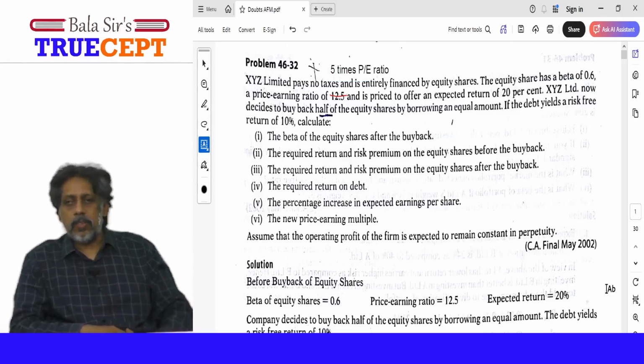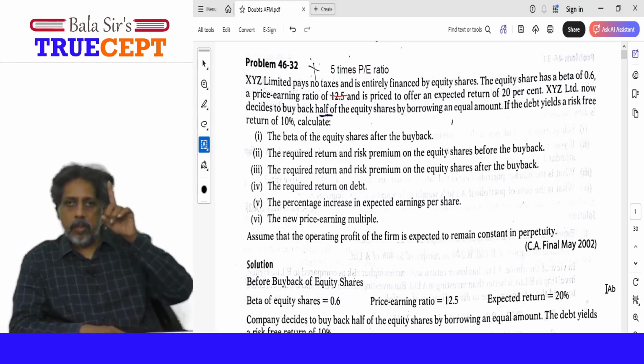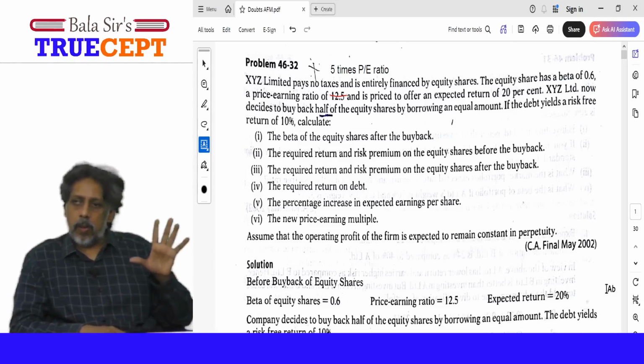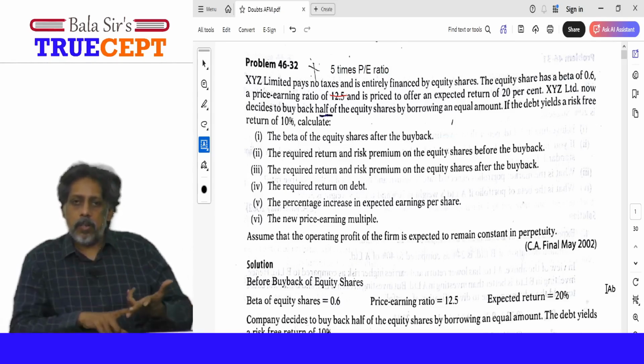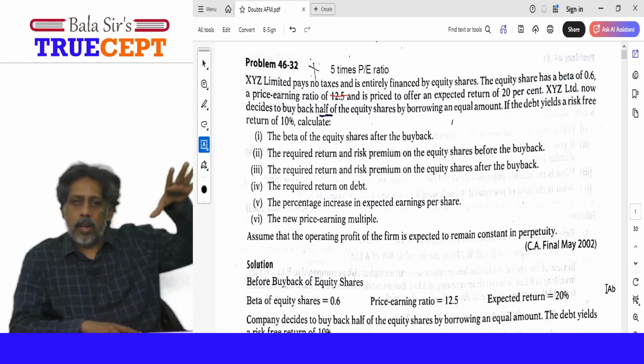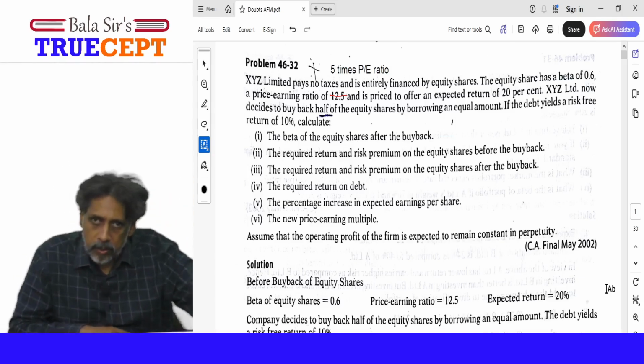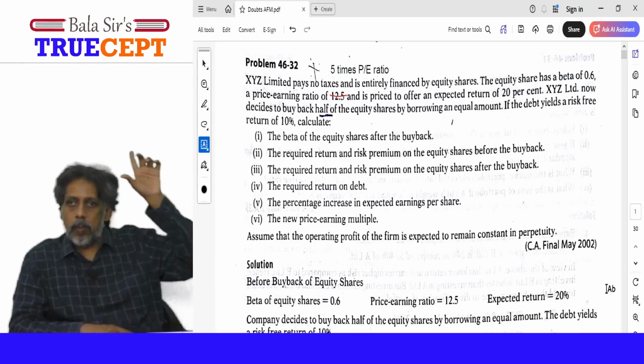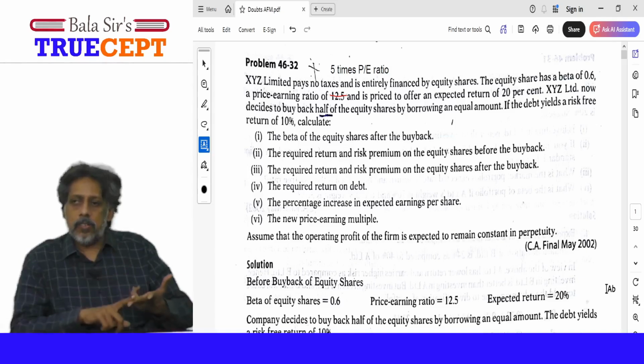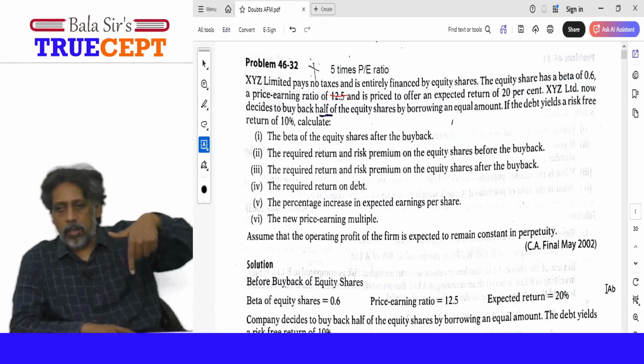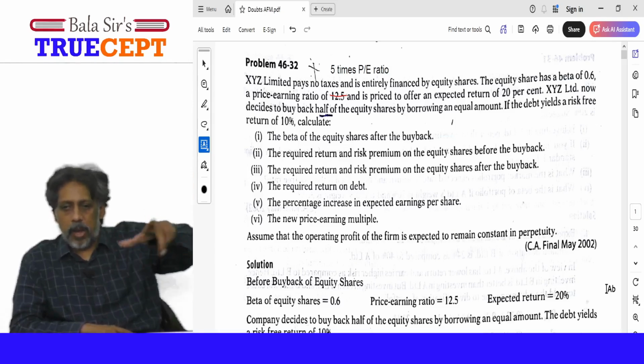That means, suppose the market price is 1 rupee. What is 20% on rupee 1? It is 0.2, 20 paise, your earnings per share. Now, you know that earnings per share 0.2 upon 1 rupee market price into 100 is 20%. That is the return on the equity, based on market value.